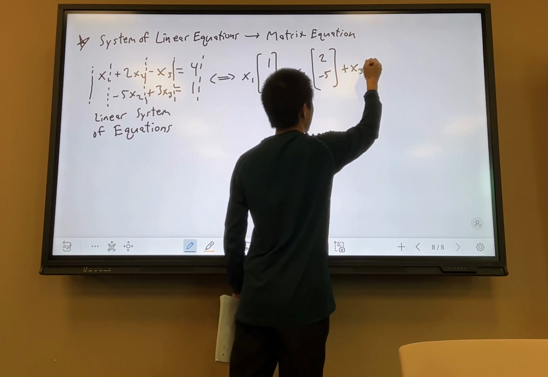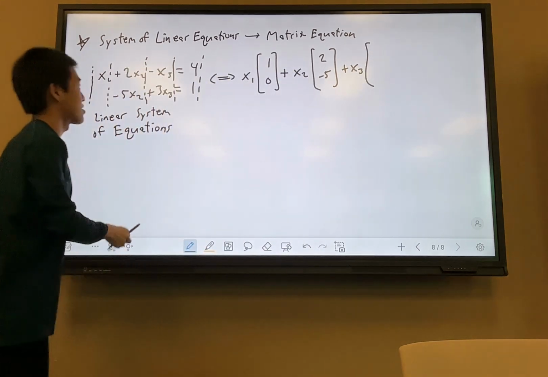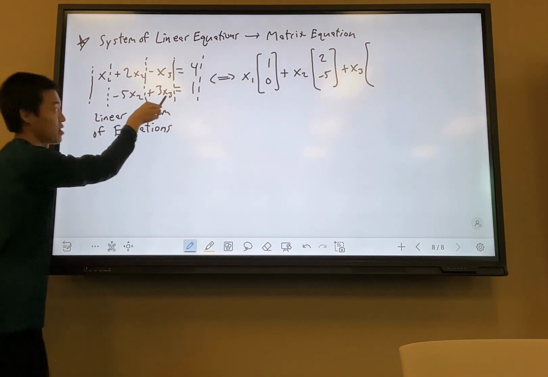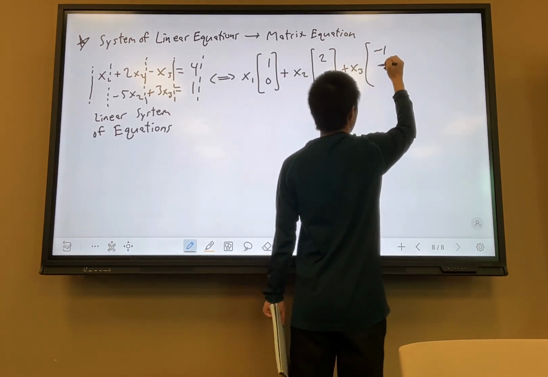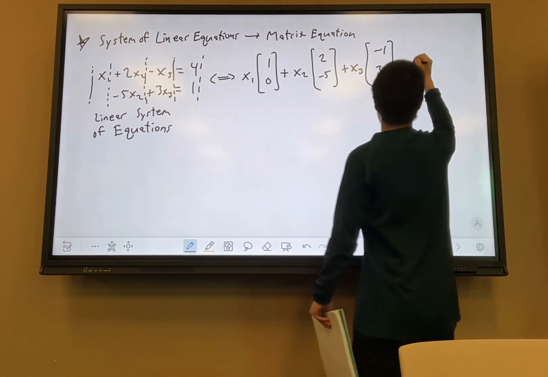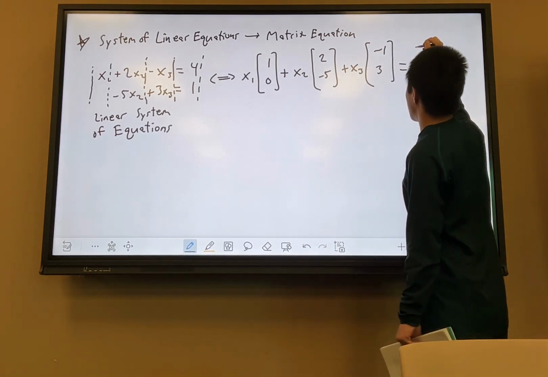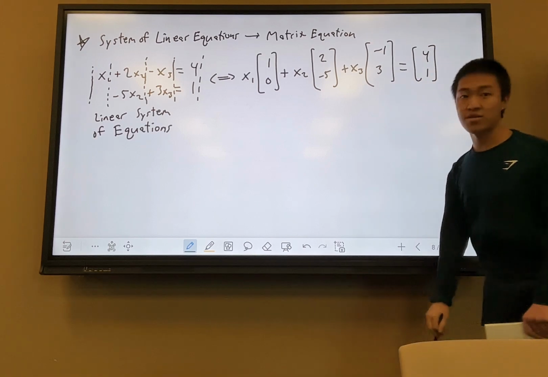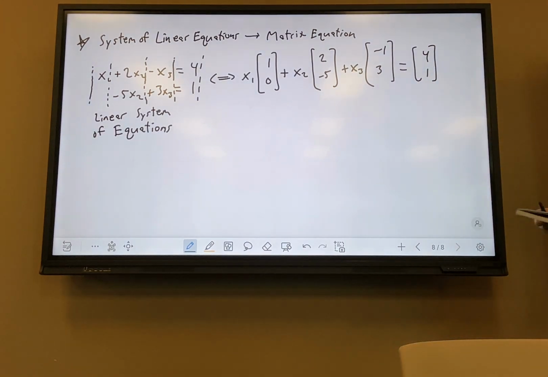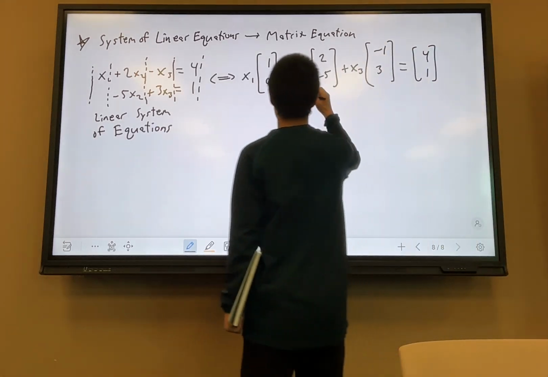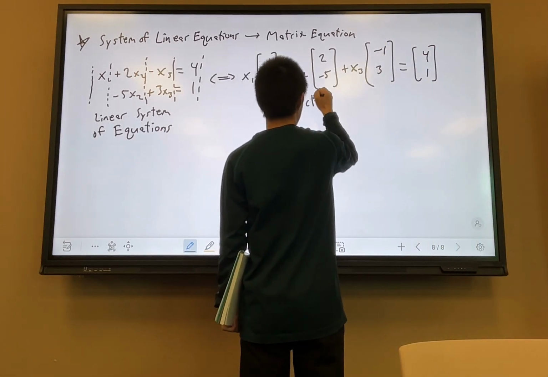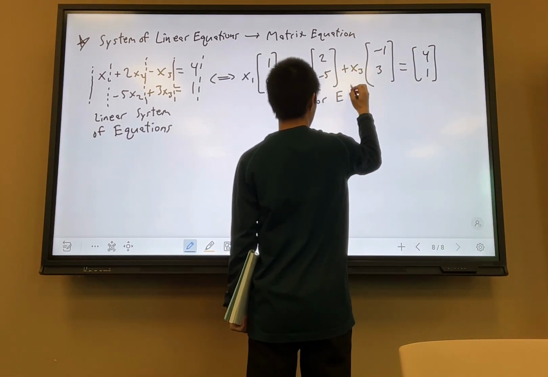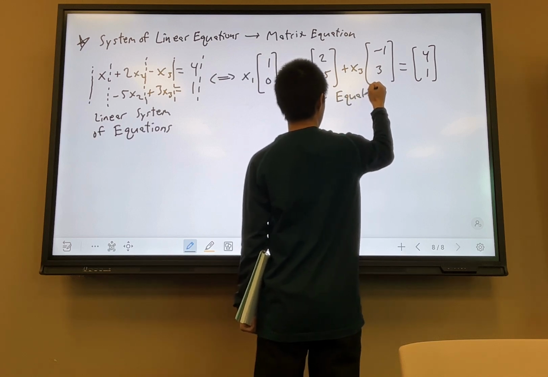My x3 has coefficients minus 1 and 3. And that is equal to, obviously, the 4 and the 1 on the other side of the equals. So this right here is what we call a vector equation. This is what we talked about Friday in 1.3.